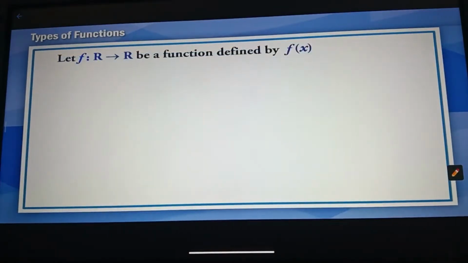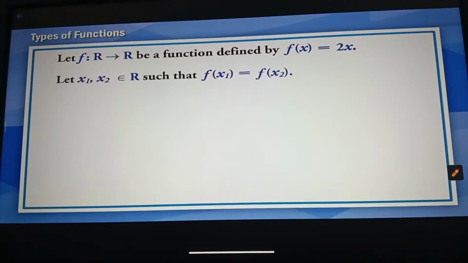Moving forward, let's now show that the function f from R to R defined by f of x is equal to 2x is a 1-1 function. Let x1 and x2 be any two arbitrary elements from domain R of function f such that f of x1 is equal to f of x2.